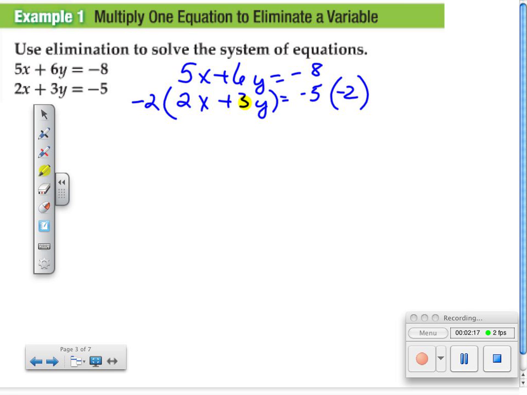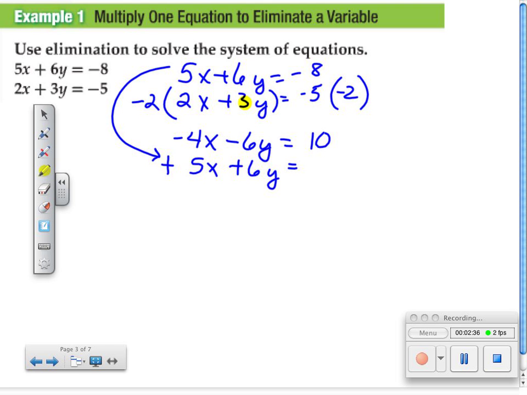And that will give me -4x minus 6y equals a positive 10. Now that I can add my other equation, 5x plus 6y equals -8.